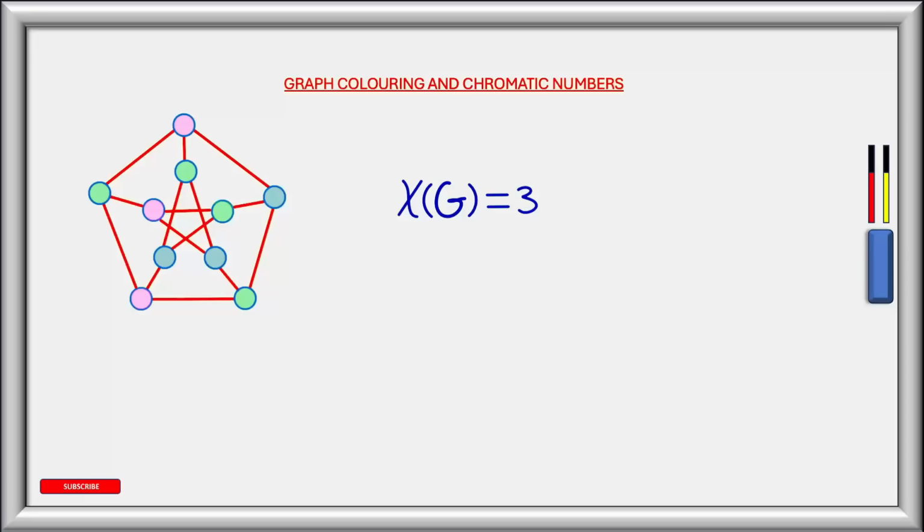And so for the inner ring of 5 vertices, we only need 3 colours. We can use the same 3 colours as we use for the outer vertices, being careful to ensure that the colour of adjacent vertices between the outer and inner ring of vertices is different. And so for the Petersen graph, chi of G is equal to 3.